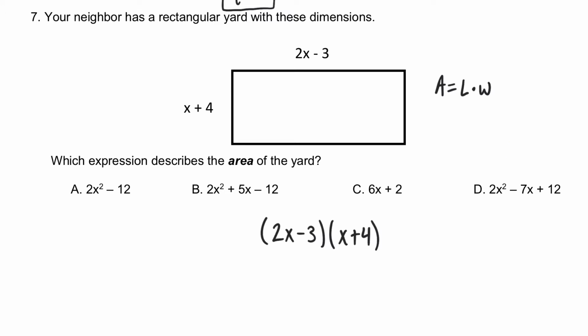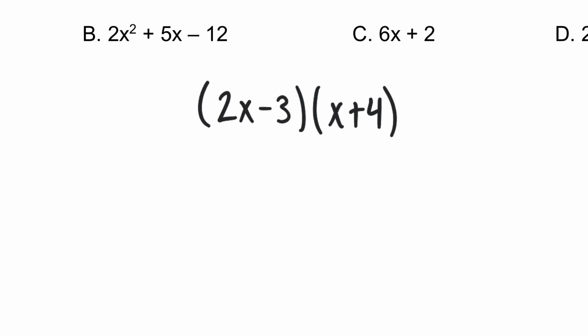All right. Anyway, we need to actually multiply this out now. So this is called multiplying polynomials. Okay, so we're gonna do 2x times x in the red, and then 2x times 4 in the blue. In the green, we're gonna do negative 3 times x, and in the new color, which I'm gonna make kind of an orange color, that did not turn out as pretty as I hoped it would, we're going to do negative 3 times 4.